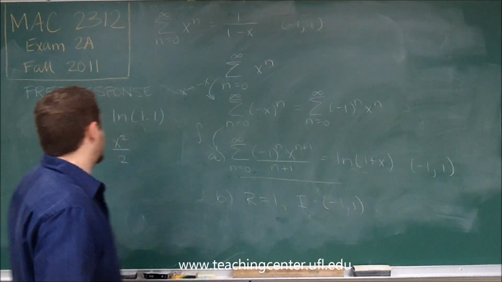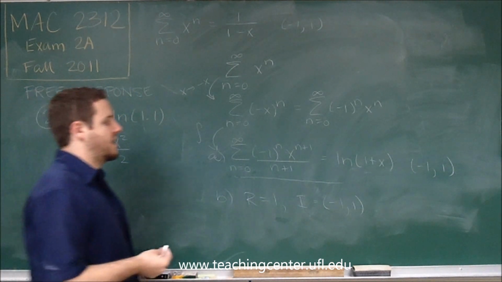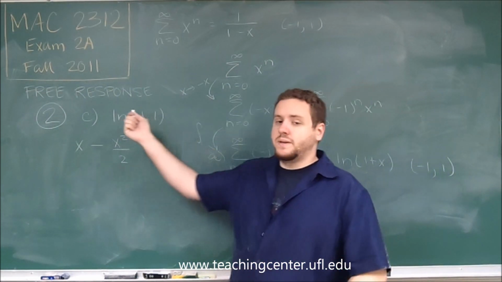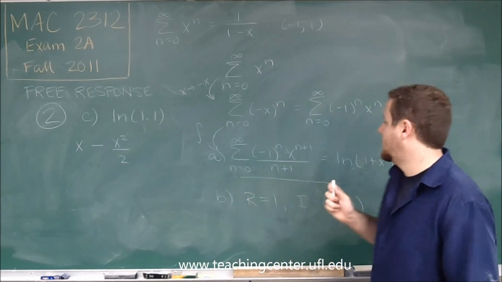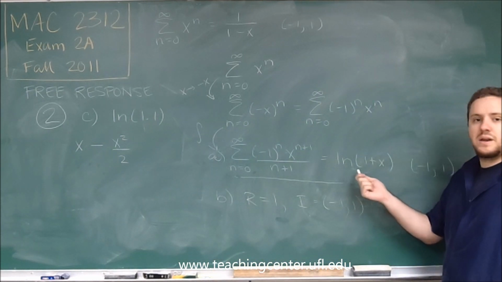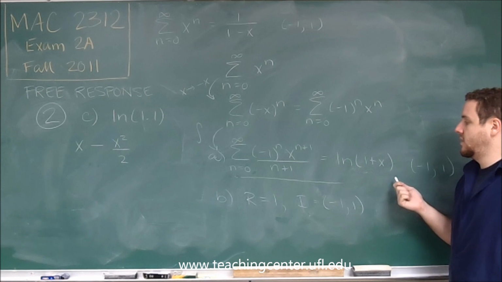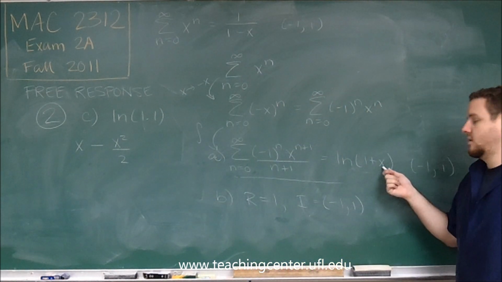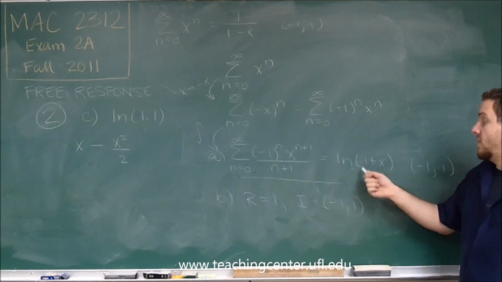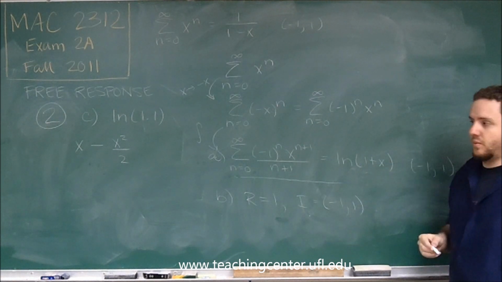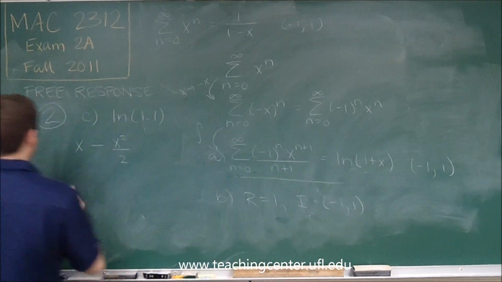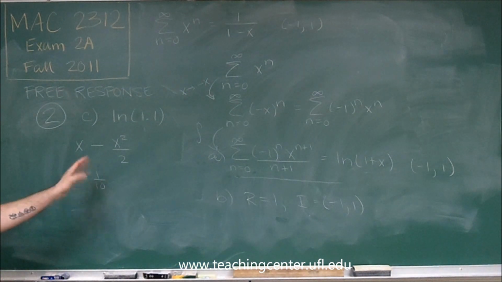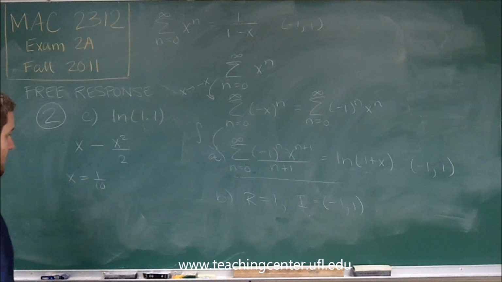So we want to approximate the value of ln of 1.1. So here's the last kind of tricky part about this problem. 1.1 is not what we plug in for x, because what was our function? Our function is ln of 1 plus x. So if we're trying to approximate 1.1 from this, what is x? Well, x is 0.1, because 1 plus 0.1 would give us 1.1. In other words, x is 1/10. So now we can figure out what our approximation is by just plugging that in.